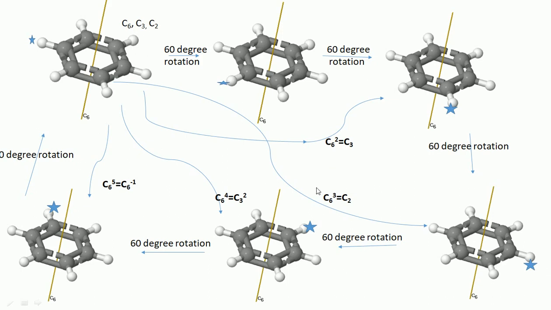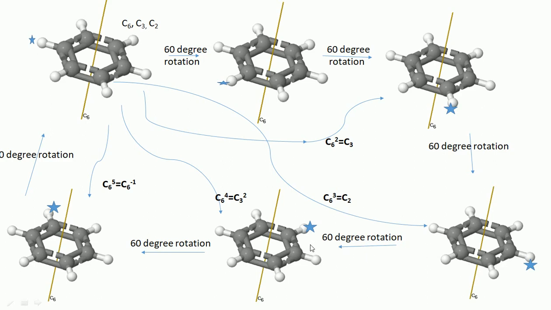So therefore this is a C2 rotation. You can get this image directly by rotating 180 degrees instead of a 360-degree rotation. So therefore you can say C2 is equal to C6 3.